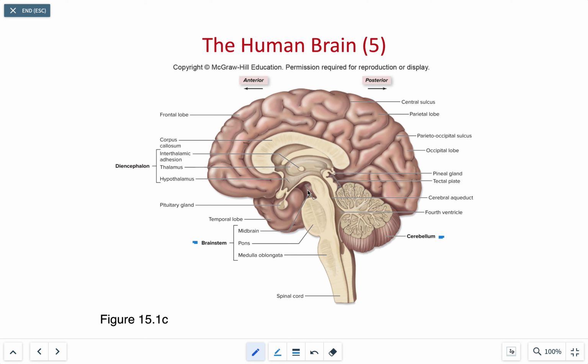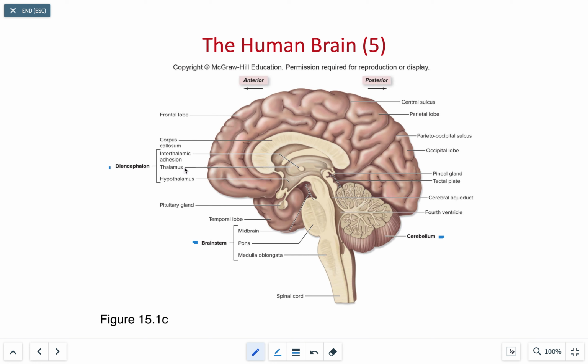In the brainstem, the first area is the midbrain, and then moving more inferior, we see the pons and the medulla. The diencephalon has two parts. The first is the thalamus, which is a two-lobed organ connected by an interthalamic adhesion.